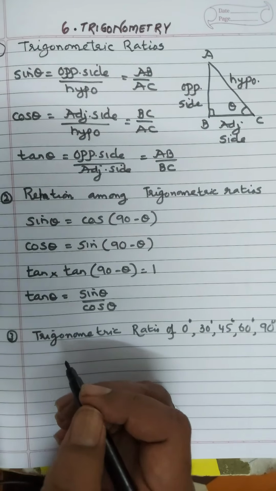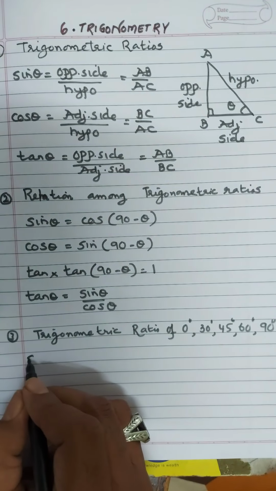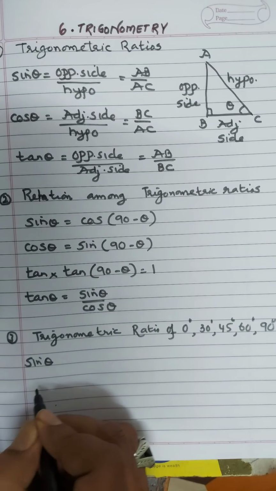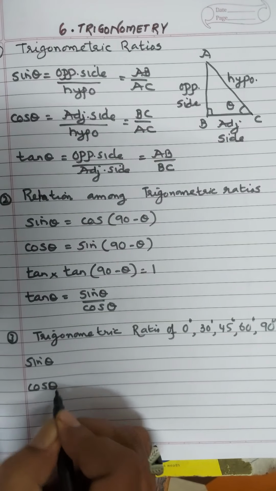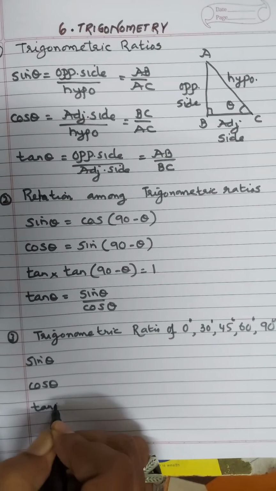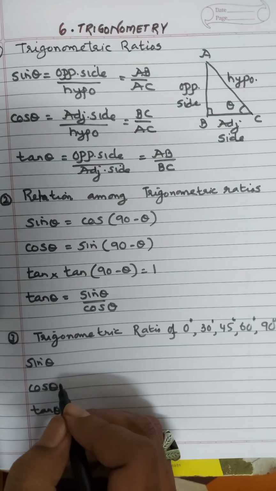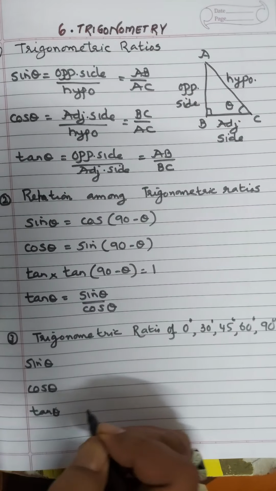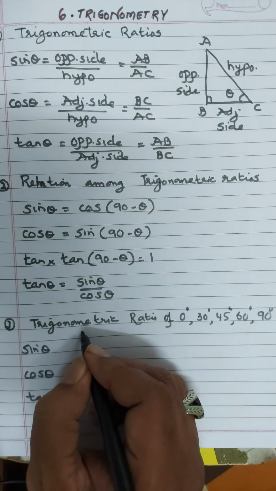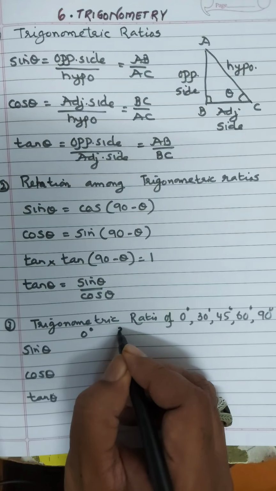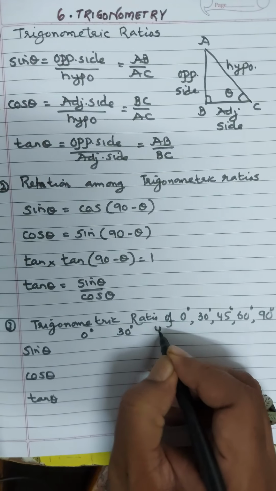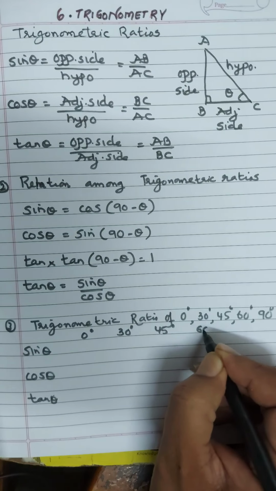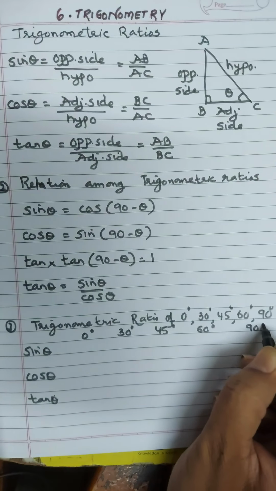What we have to do is just write sin theta, then cos theta, and then tan theta. Three more values are there: cot theta, sec theta and cosec theta also. So 0 degree, 30 degree, 45 degree, 60 degree and last is 90 degree.